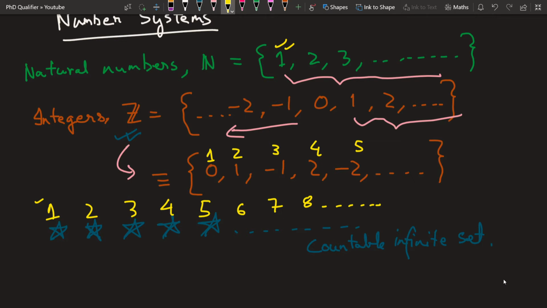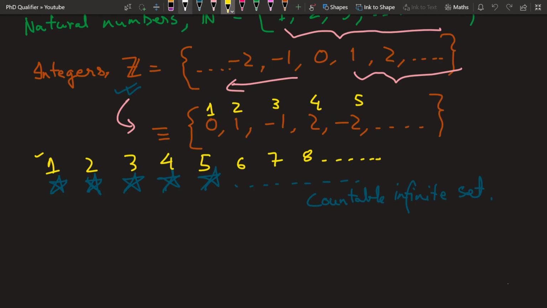As you go on like this, for each and every integer you find, you will still have a natural number. And vice versa: for every natural number, there will be an integer in this set. So even though the sets seem of very different sizes, they are actually the same size, and that's very surprising, right?